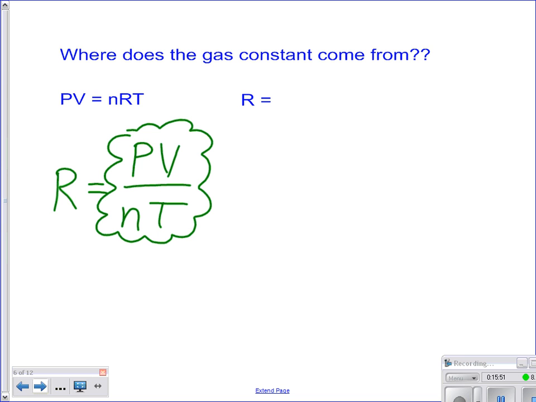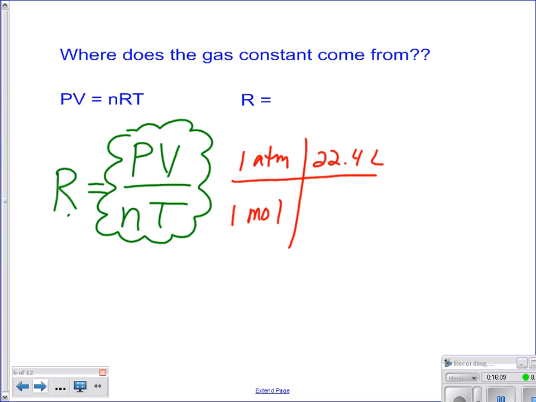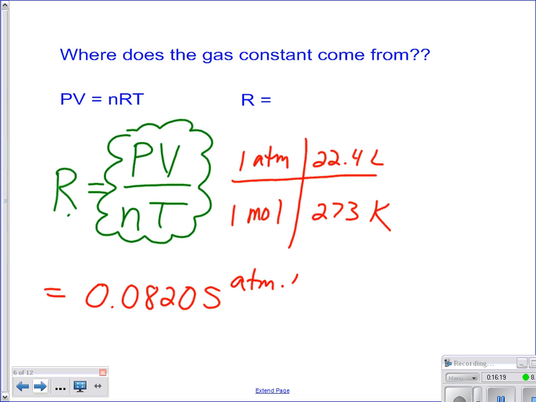But if we wanted to think about where the gas constant comes from, well, if you were to plug in a pressure of 1 atmosphere and a volume of 22.4 liters, divided by 1 mole of a gas and standard temperature, I bet you're going to come up with that value. So that's where that magic number comes from. There is a relationship between those two.